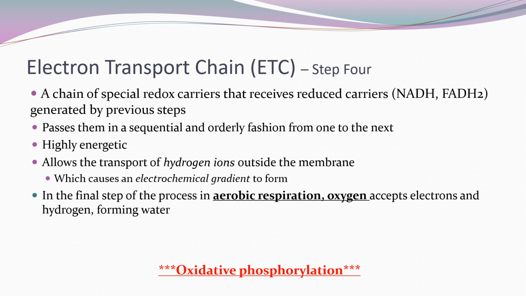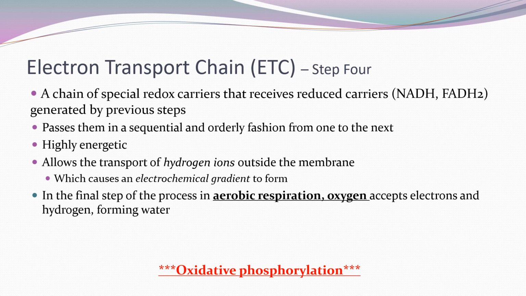Let's first talk about what's happening with the electrons in that enzyme chain. In the enzyme chain, those electrons are being passed from one enzyme to another until they reach the end of the chain, and then there needs to be something there, a molecule, to catch that electron.